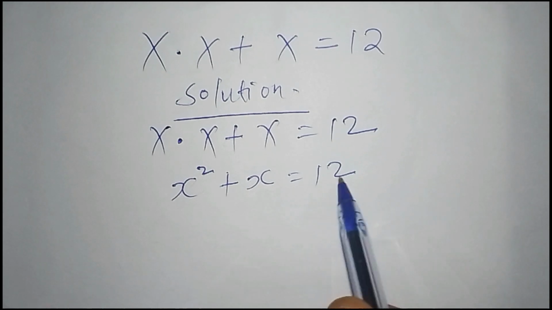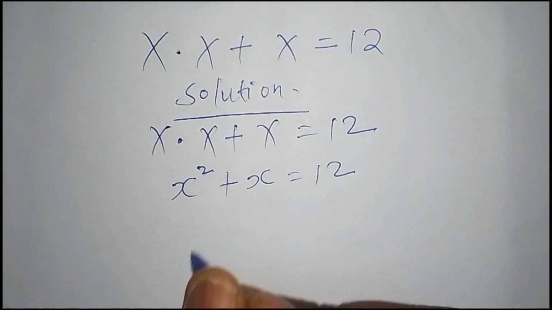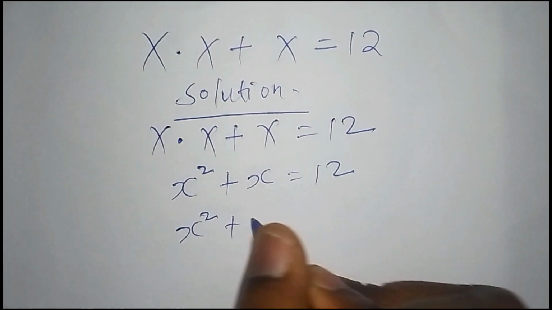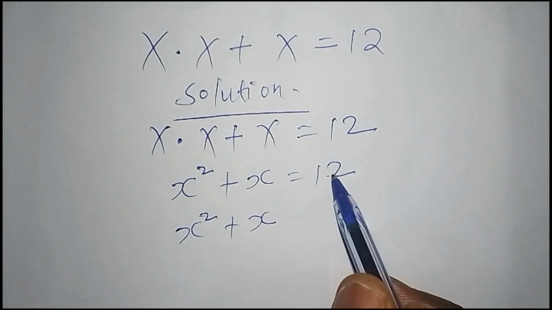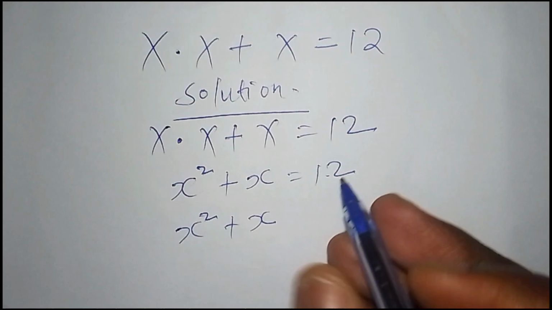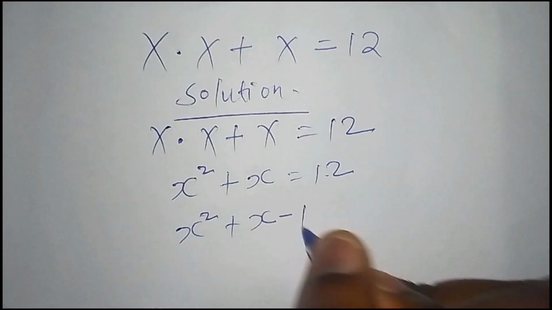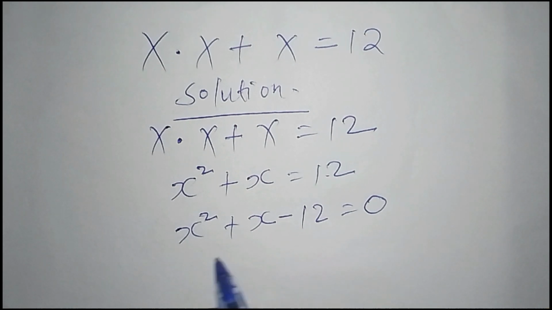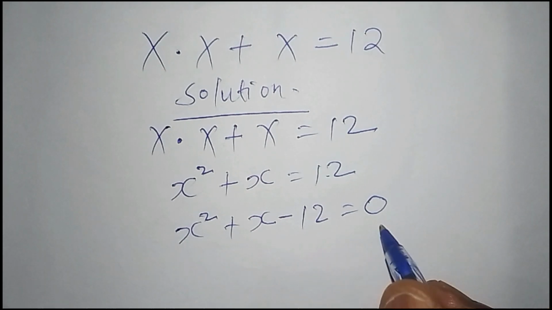So let's now form the quadratic equation. So our quadratic equation shall be x squared add to x. So we have to bring this 12 to this other side. So that one shall be minus 12 is equals to 0. Now we all know that we've now formed the quadratic equation.